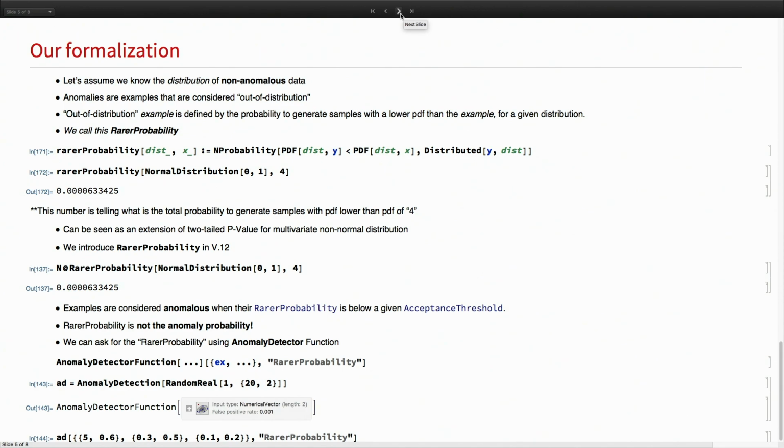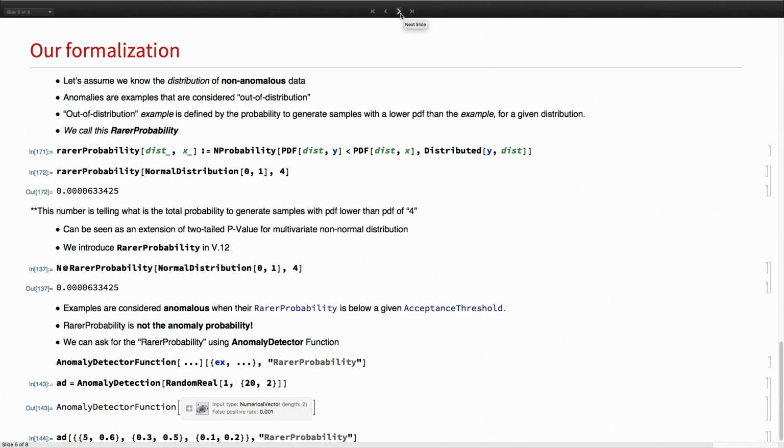This is the very essence of density-based methods. So we are formally speaking about an out-of-distribution example by saying it is the probability to generate samples with a lower PDF than the given example for a specific distribution.